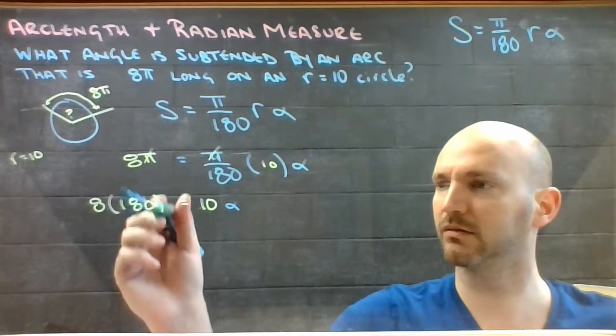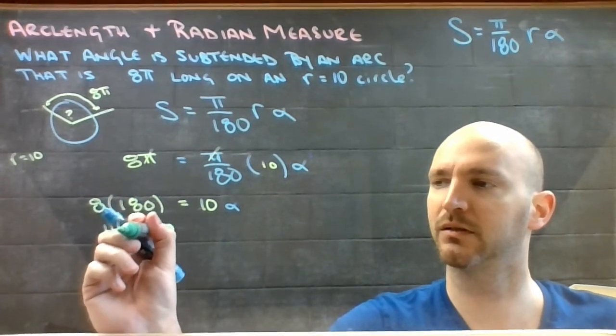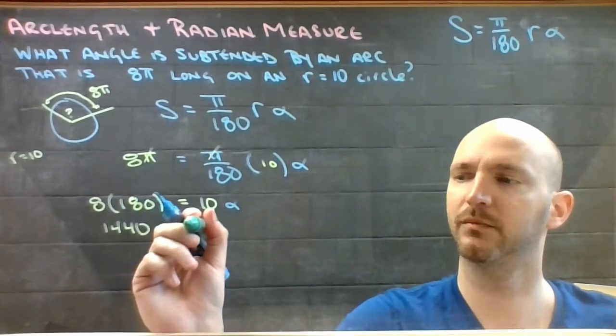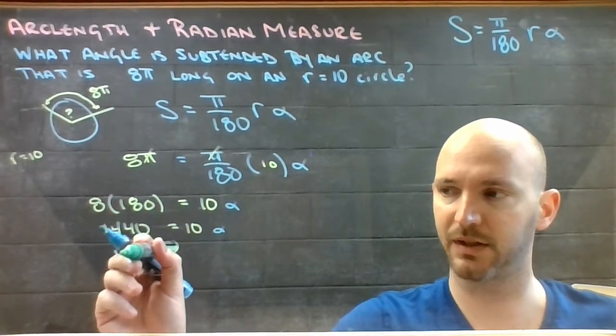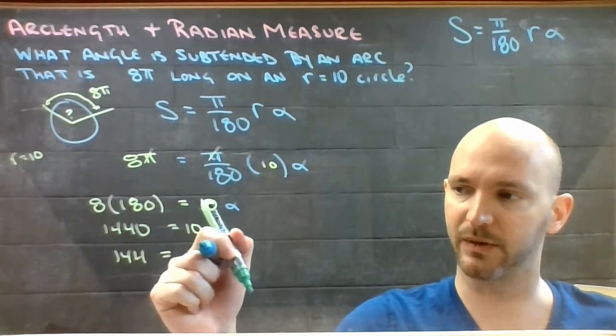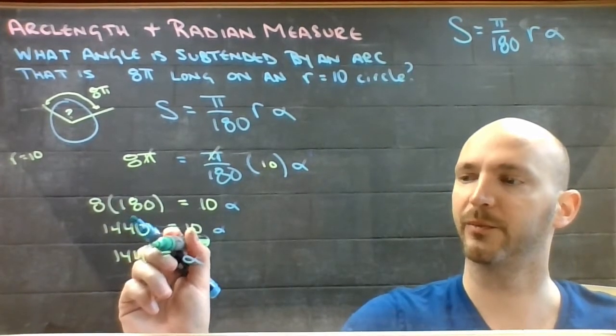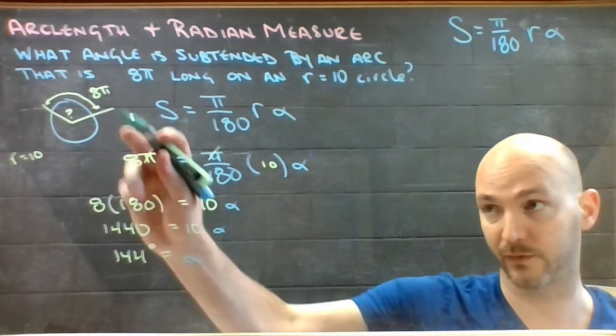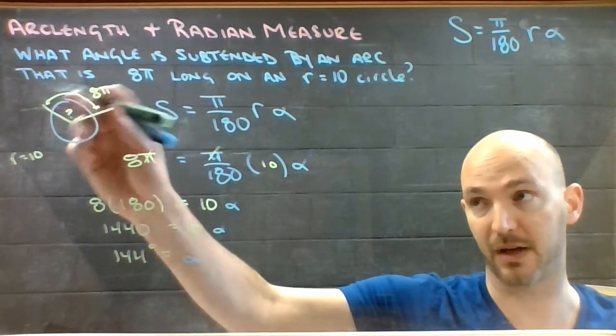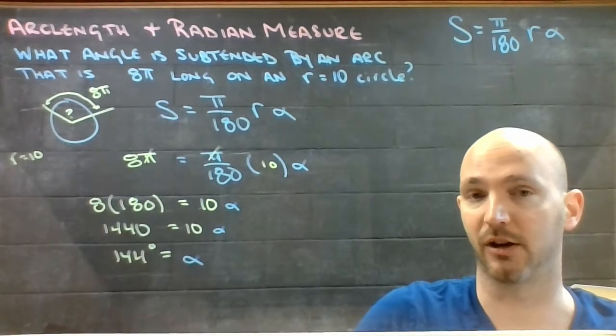Yeah, okay, 1,440. Divide both sides by 10, I get 144 equals alpha. So that arc would have to be 144 degrees in order for it to be 8 pi units long on an r equals 10 circle.